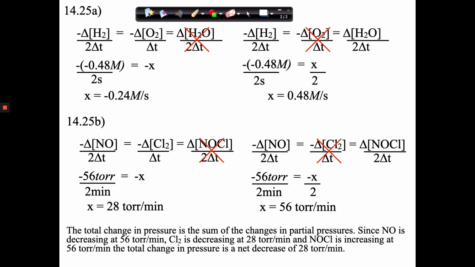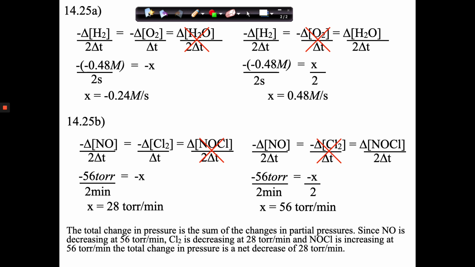John, the answer then becomes you pick, because you're right. You could look at this in the context of the question, and you could say, what are we looking at? Oh, you could say hydrogen is being consumed at twice the rate of oxygen.